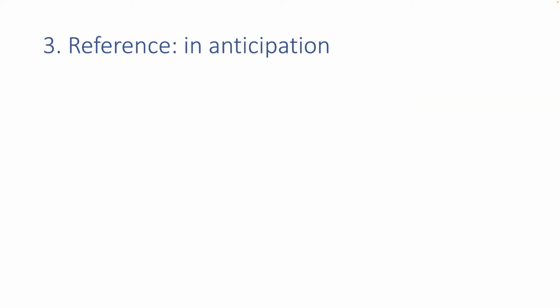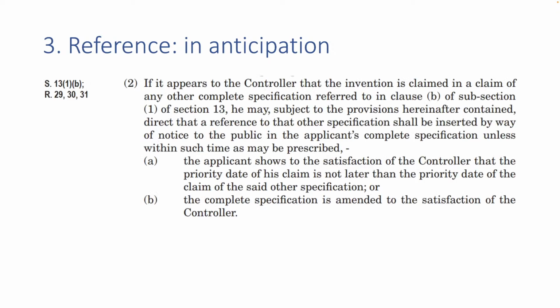Now on 18, the controller can make a reference in case of an anticipation. We get that from 18(2), where it is mentioned that under clause (b) of sub-section (1) of section 13, the controller has the power to direct that a reference be made to the other specification. There's a difference between a reference made in anticipation and, in the next section, section 19, a reference made in case of a potential infringement.